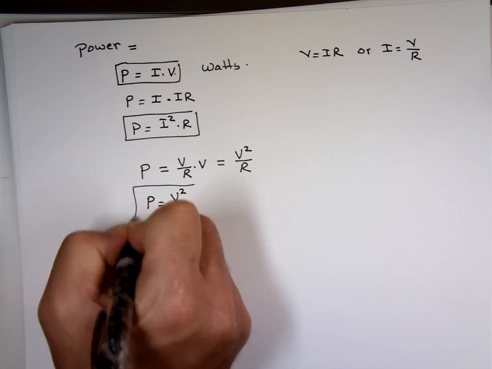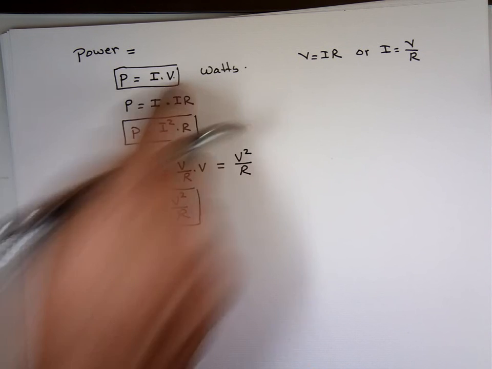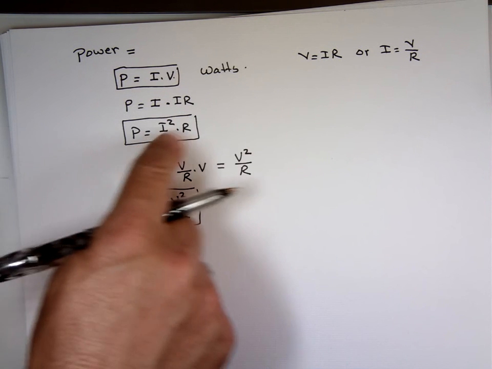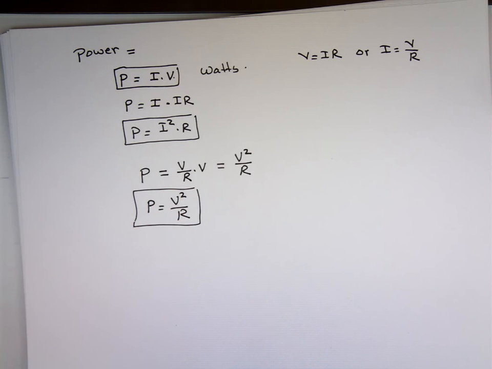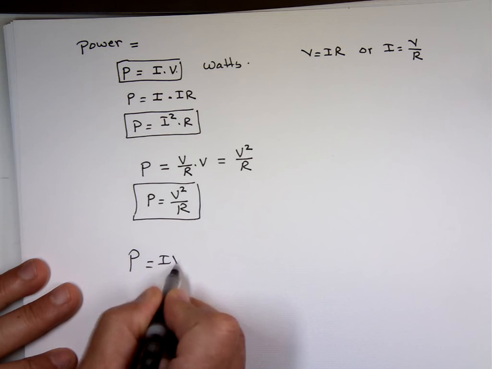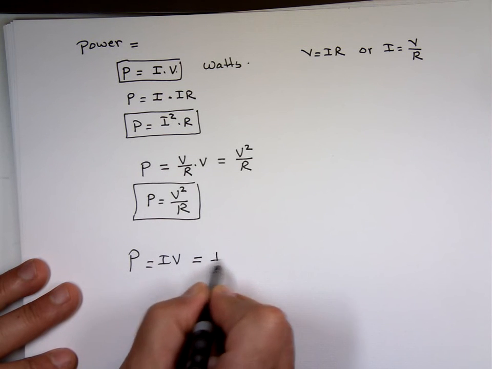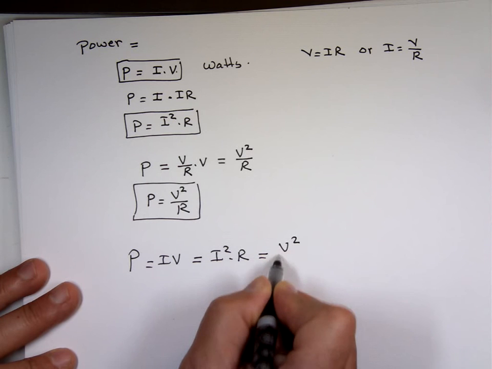If you know the current and the voltage, you multiply them. If you know the current and the resistor, we use that. If you know the voltage and the resistor, we use this. So power is equal to I times V, which is also equal to I squared times R, which is also equal to V squared over R. And the units for that are watts.